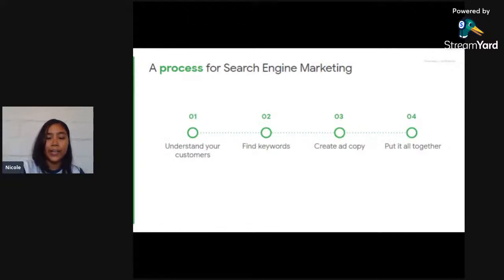You need to create ad copy. In order to create good ads, we need to understand what our target customer wants. And finally, we need to put it all together. Now this might seem intimidating, but it's really simple, and we're going to take you through each step. So sit tight and get your pen and paper ready if you don't have that already.